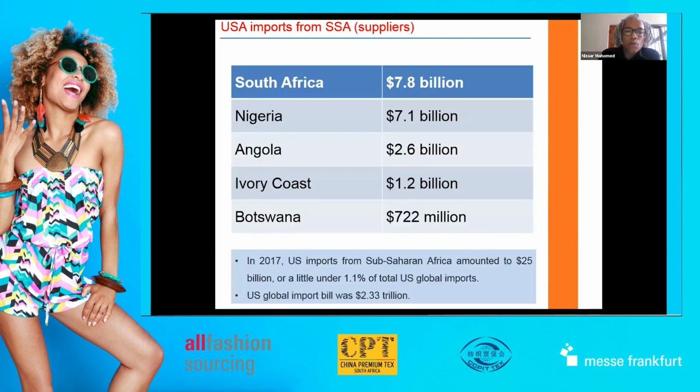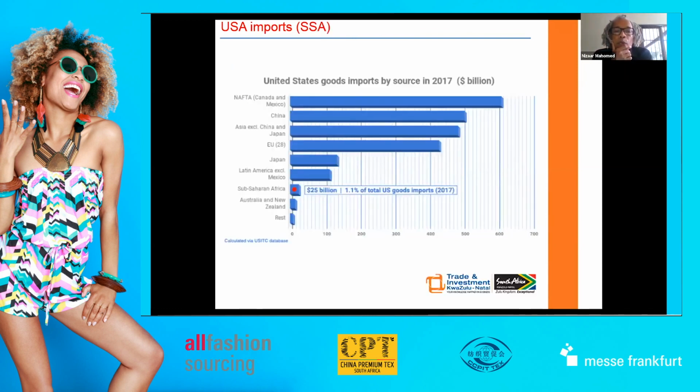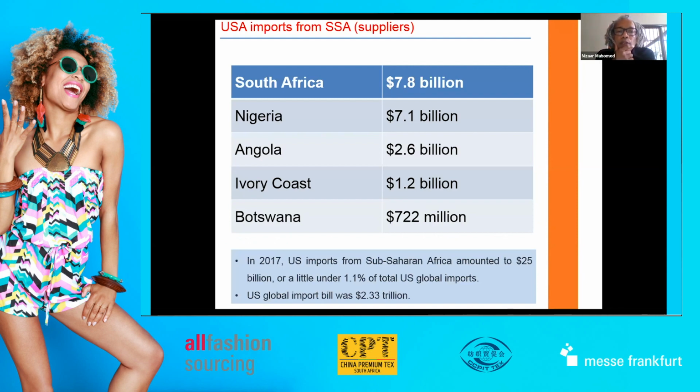Sorry, I just went back there. So we basically contribute 1.1% of total US goods imports, and this is what it comprises. Again, South Africa, Nigeria, very little difference between the two. Angola, the Ivory Coast, and Botswana make up the top five African countries.